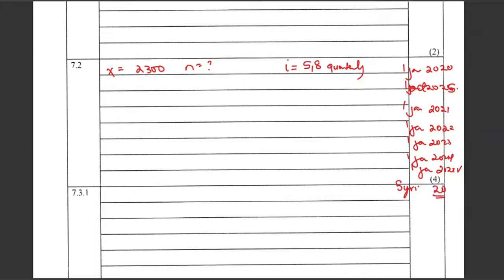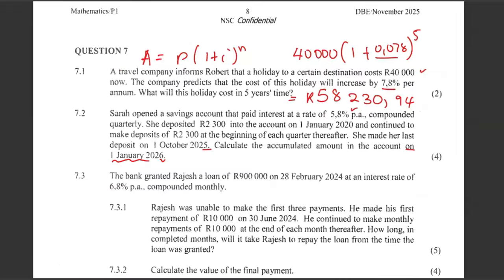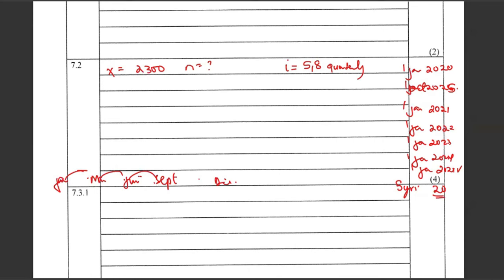Then we know that from Jan up to March, that's a quarter. And then from March to June is a quarter. And then June, July, August, September is also another quarter. So 1, 2, 3, and then the next one will be like December. So since this lady is depositing on the first of every month, at the beginning of each quarter, September is when the third quarter ends, and then the fourth quarter starts in October immediately.